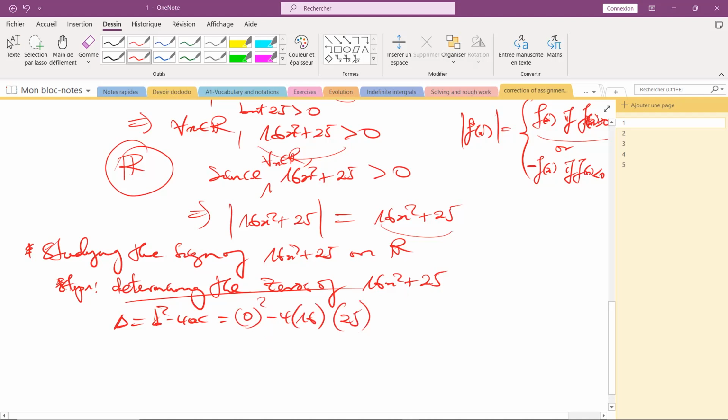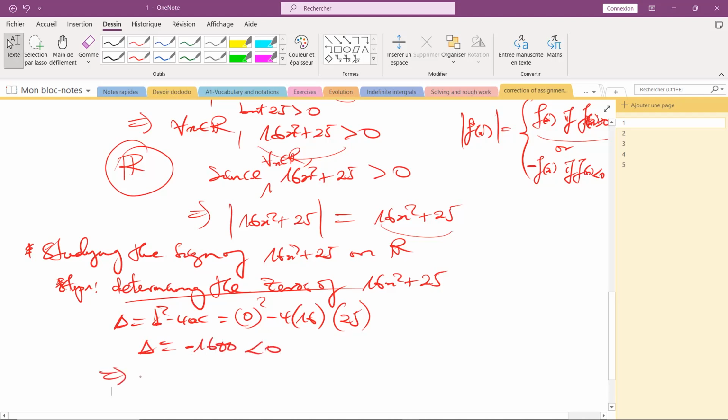So 16 times 25, let me calculate. 16 times 25 is 400, times 4, that will be 1600. So you see that the discriminant is equal to minus 1600, which is less than 0.